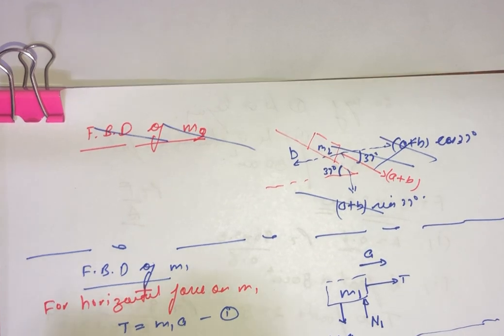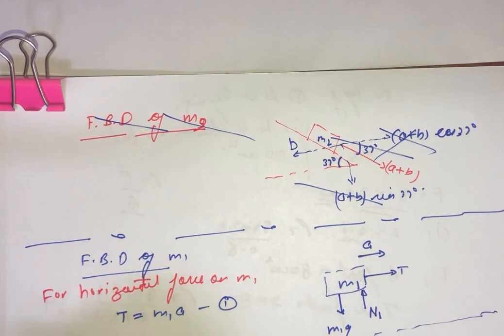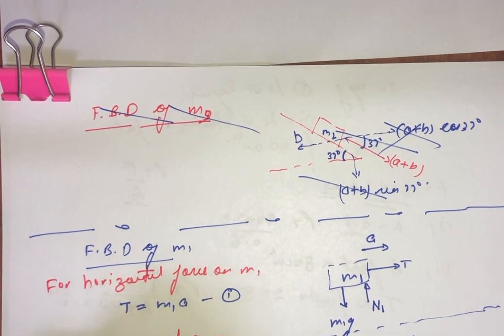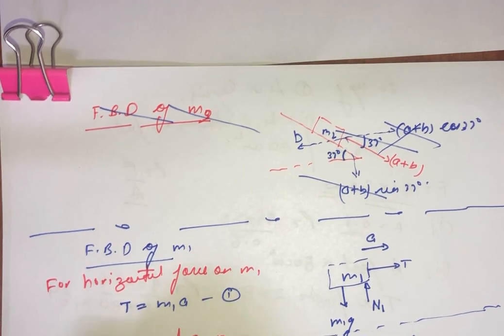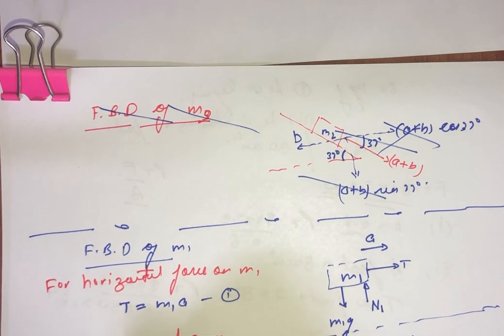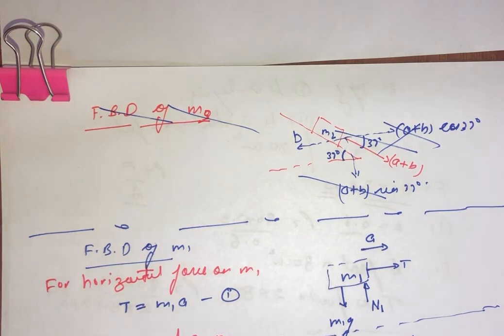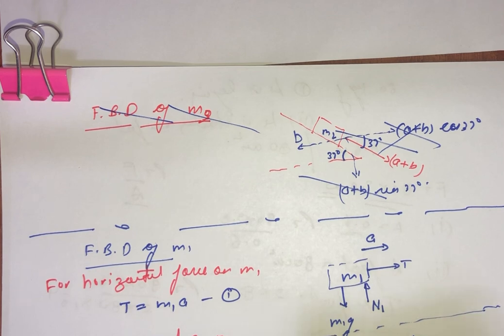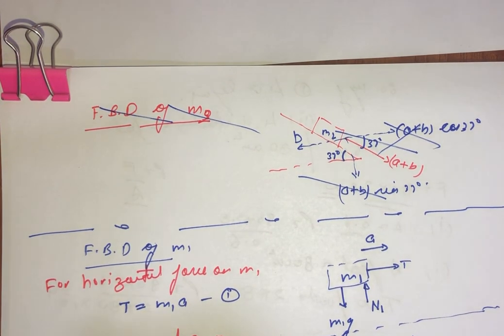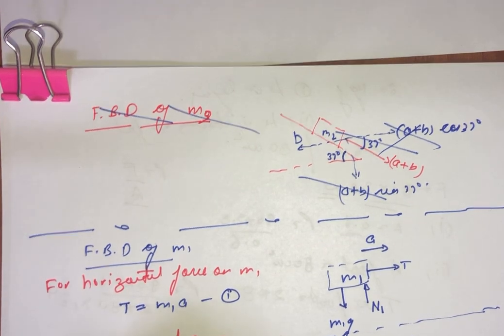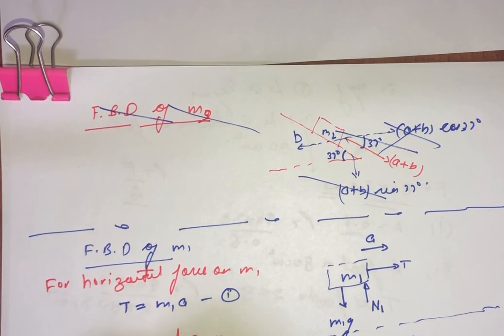So we can say that for horizontal forces on M3, first of all we define T minus T cos 37 degree.